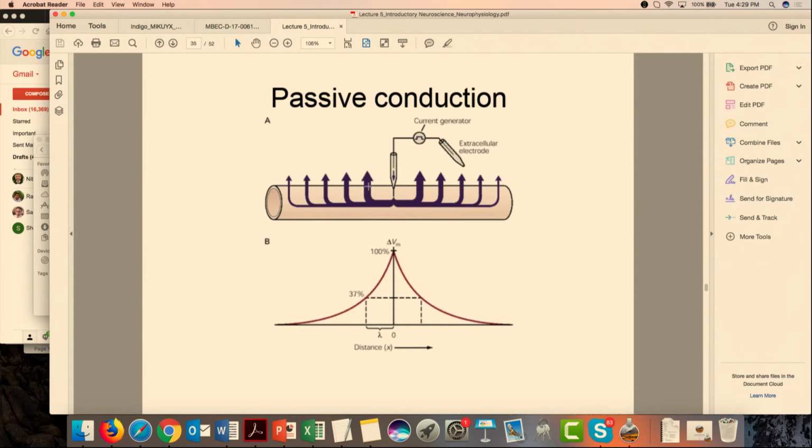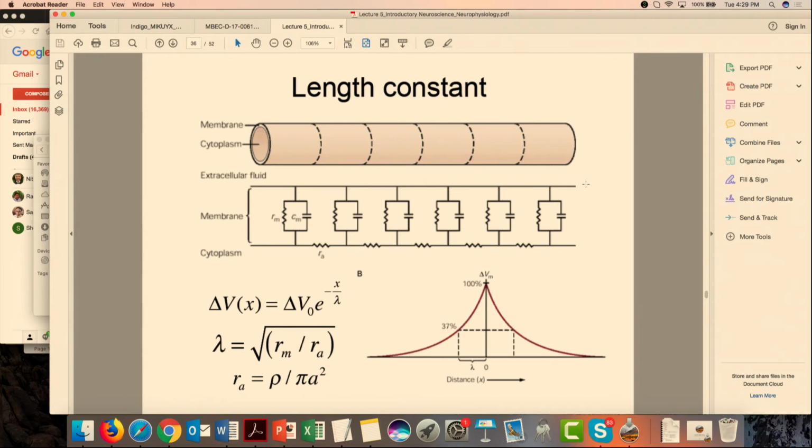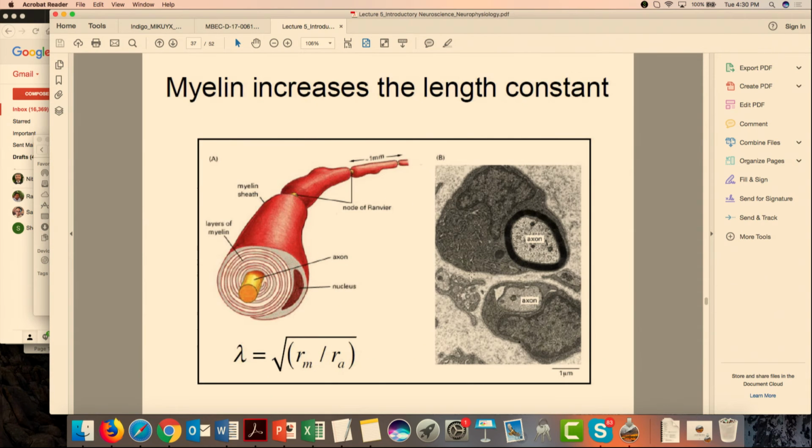By the way, it goes in both directions, although in reality I want it to go in one direction. Now we can put equations to fit these curves. Solve this equation and you get what is called the space constant: how far before it goes below 37%. A lot of physics people did this kind of modeling for a few decades.